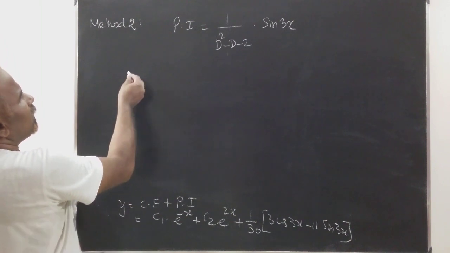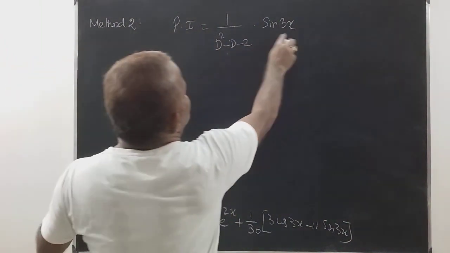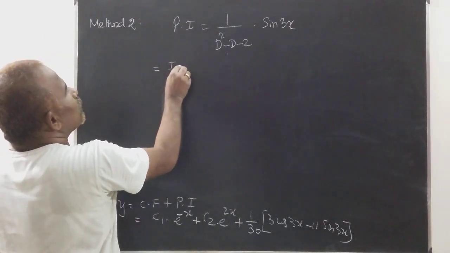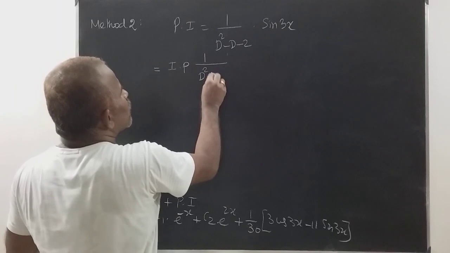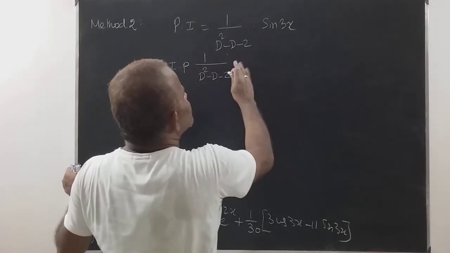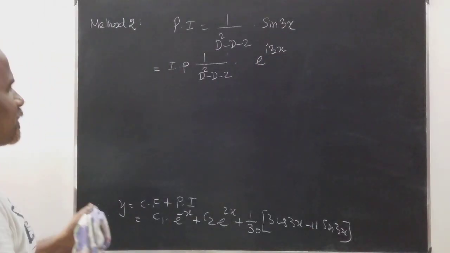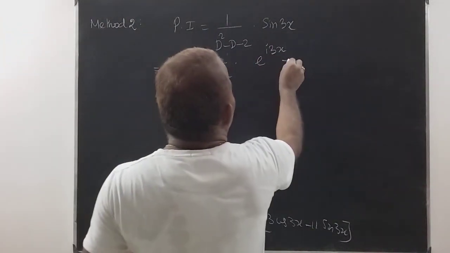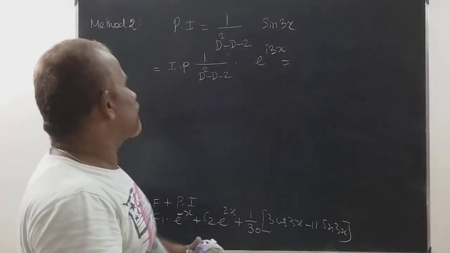What I said already. So this is equal to the imaginary part of 1 by D squared minus D minus 2 into e power i3x. So now we know the rule: D is replaced by the coefficient of x.